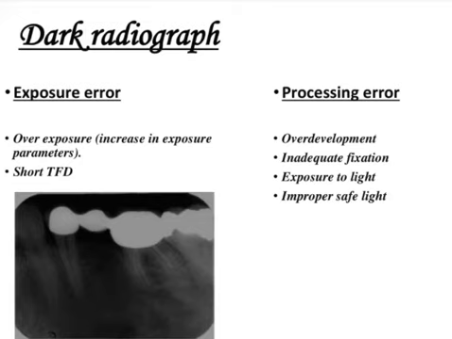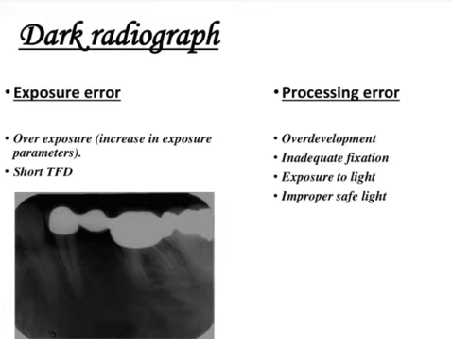The other condition is exposure to light. For example, you forgot to switch off the white light in the dark room and you open the film packet. The safe light, that is the red light, is on, but the white light is also on. So an exposure to the light takes place and the radiograph will turn black.